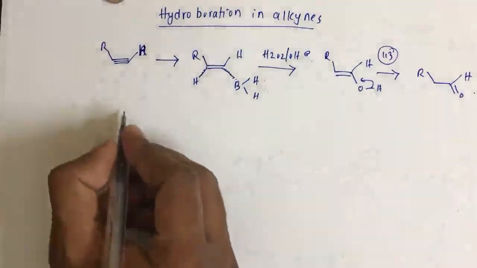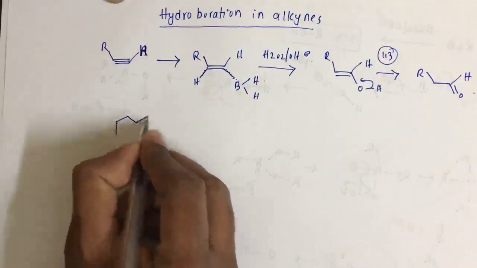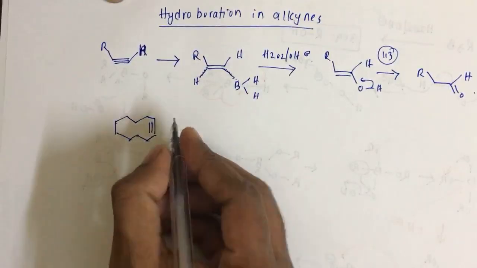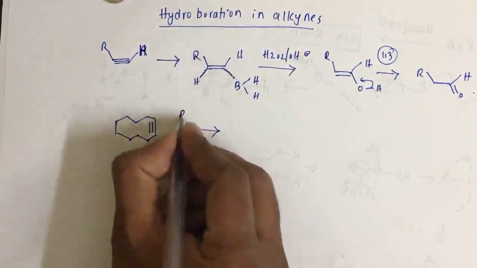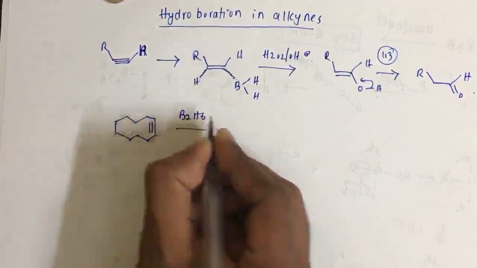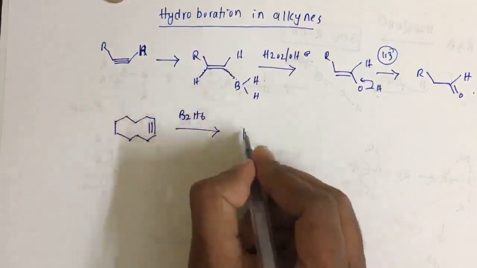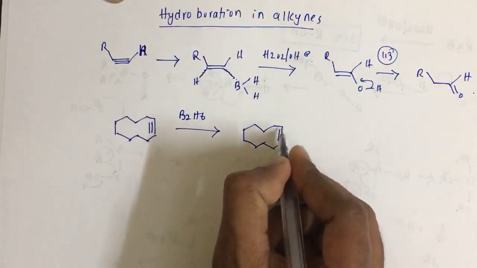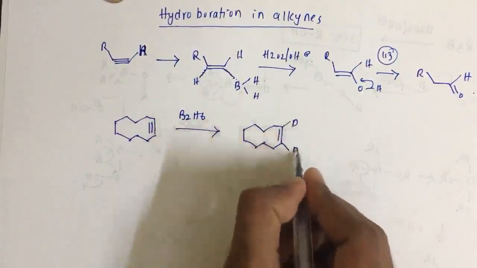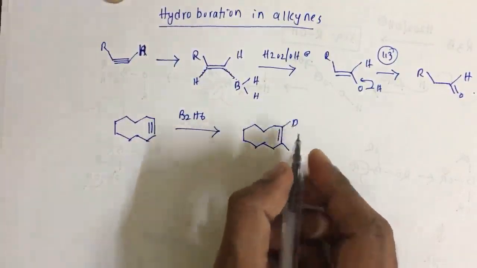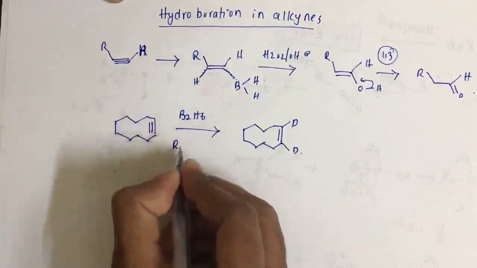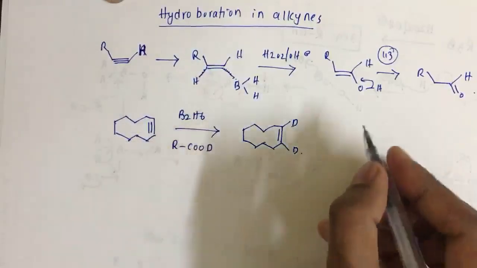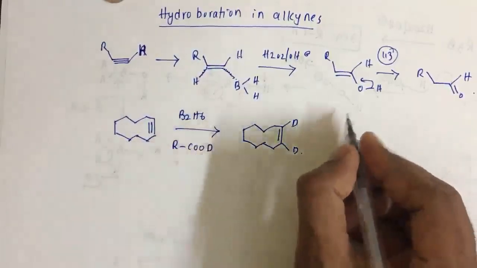And then when we have this kind of compound upon treatment with B2H6, here we'll get this compound, and then we are taking RCOOD, as I have explained the mechanism.